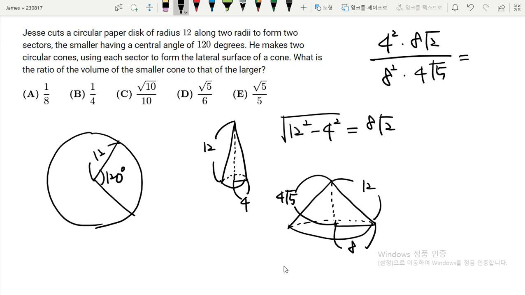So yeah, this one. When you rationalize this fraction, which one is the answer from the choices?